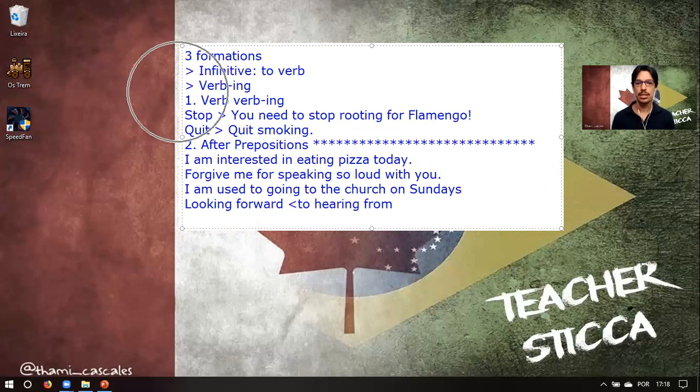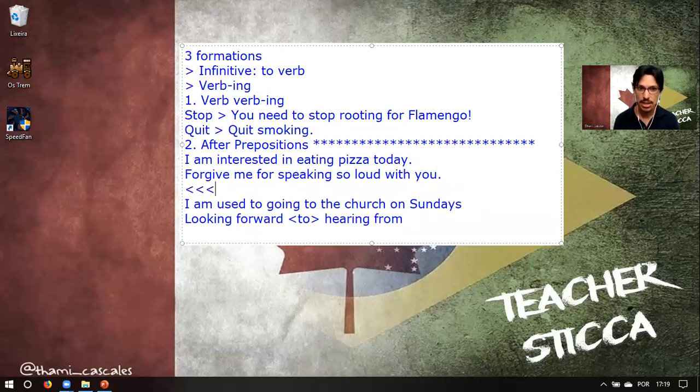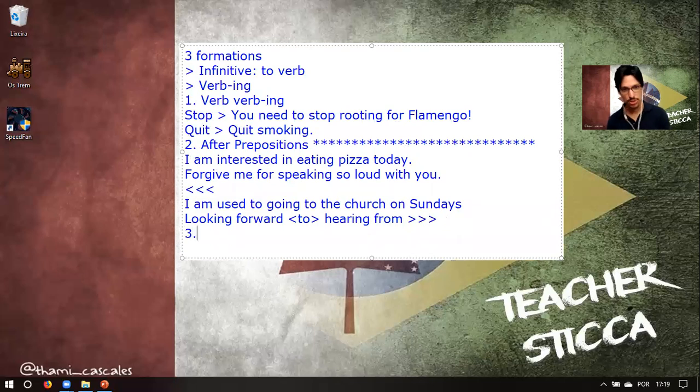Because this is one of the cases where to is a preposition. Got it? So this is not a verb to verb case. You can Google it if you want. You're going to see that there are not so many expressions in which to is a preposition. But it's important to remember that always after prepositions, we have to use the verb in ing formation.